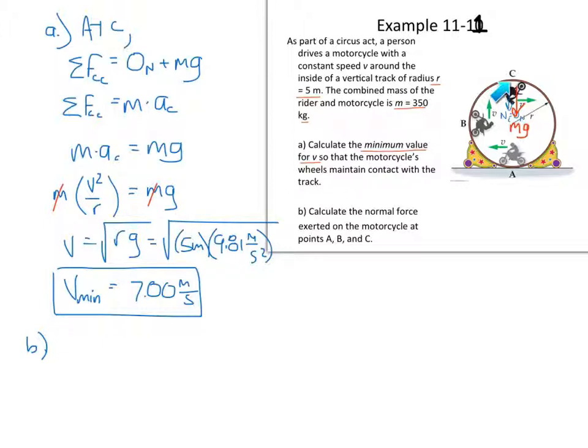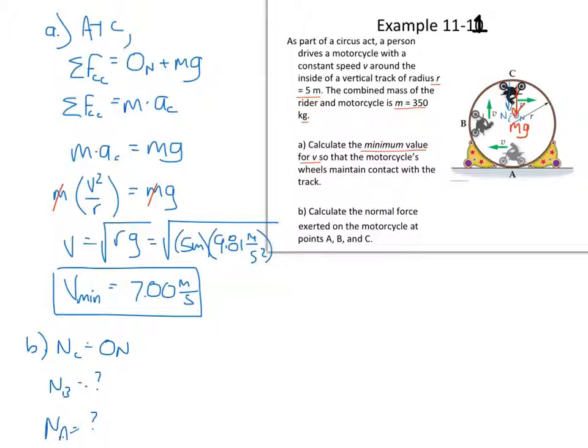So therefore, there would be no apparent weight or no normal force. So the normal force at C, and this is what we assumed when we first solved for the velocity, is going to be 0 newtons. The question is, what is the normal force at B and the normal force at A?